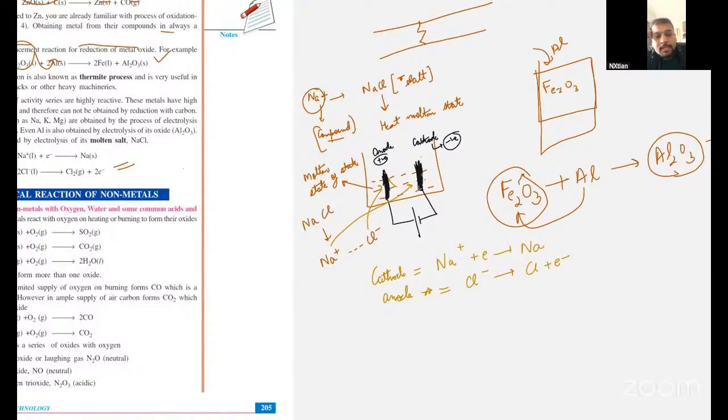They can simply react with oxygen present in the atmosphere. Like if you take Na and just put it into water, it will react. So they are highly reactive towards oxygen. That's why they are found in NaCl form, like sodium chloride, so that we can extract Na from it.